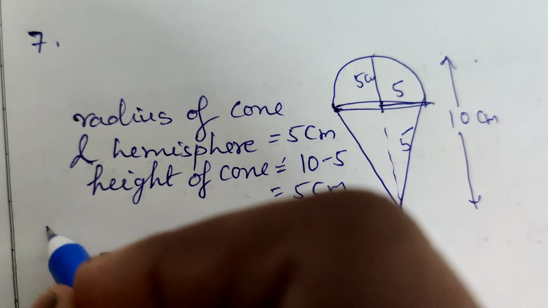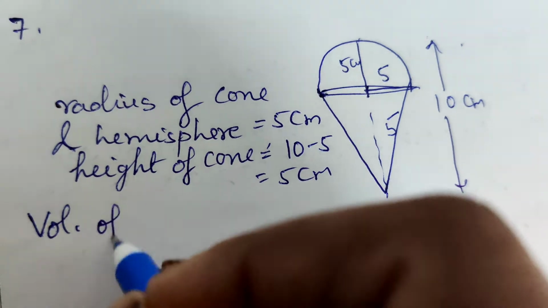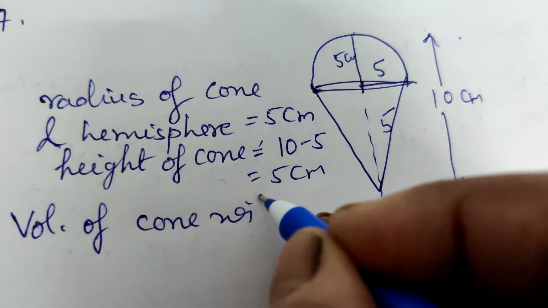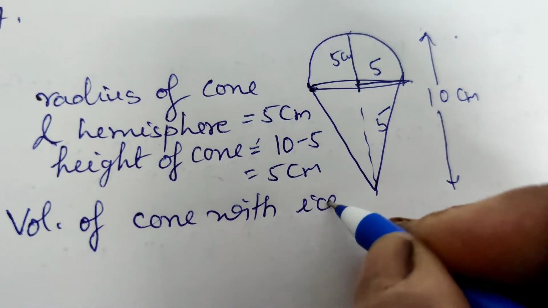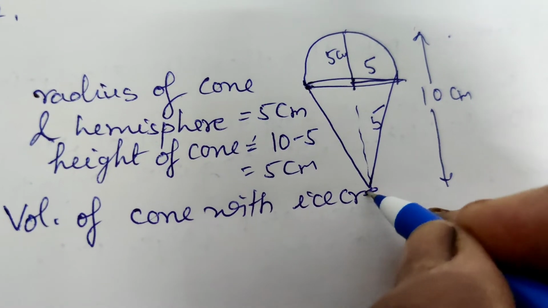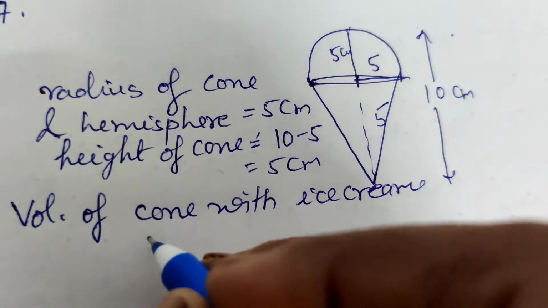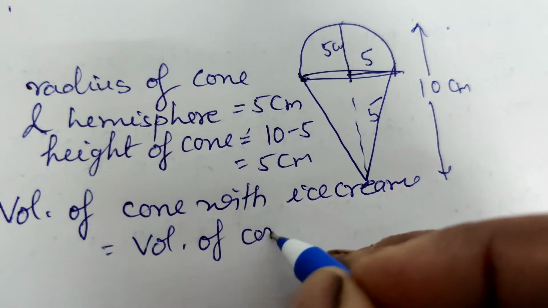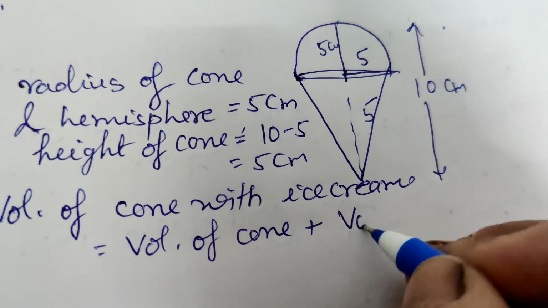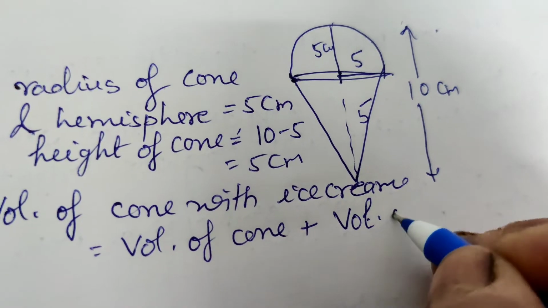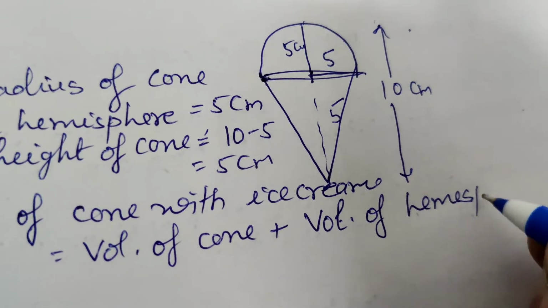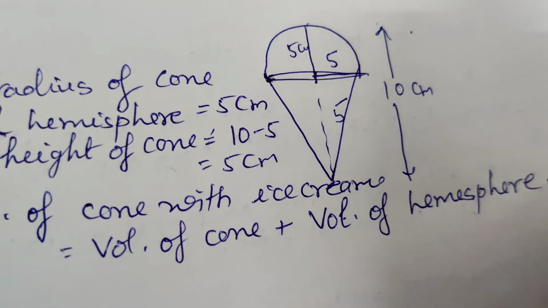Now volume of cone with ice cream equal to volume of cone plus volume of hemisphere. दोनों का ऐड होगा तब इसमें फुल उसका निकलेगा.